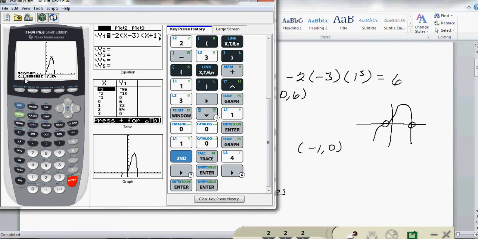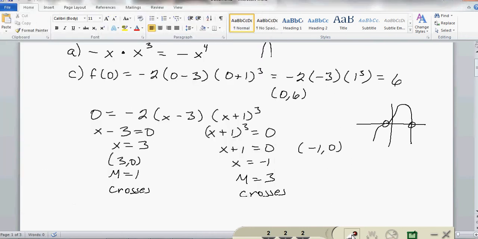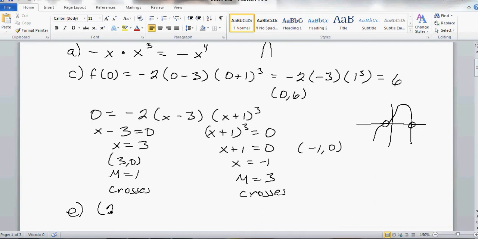And notice my maximum, I'm going to have to do some common sense rounding. X equals 2, y equals 54. So 2, 54 would be the maximum.